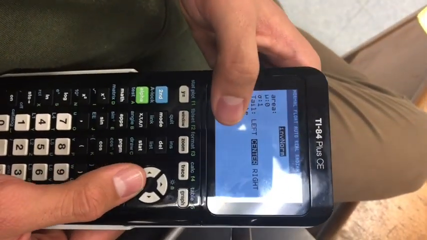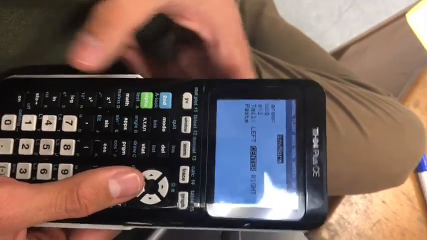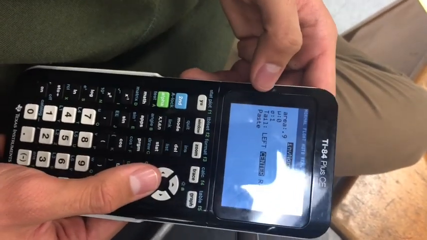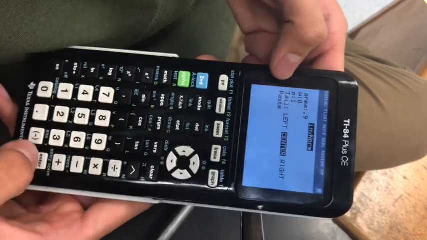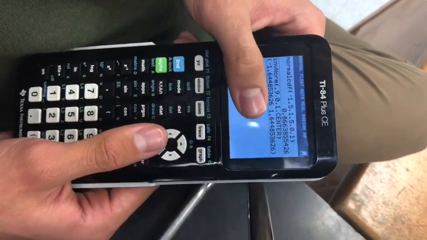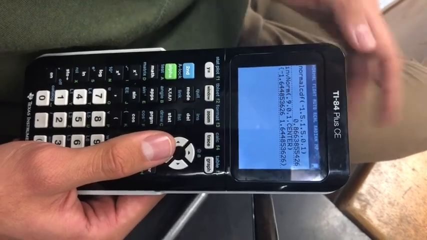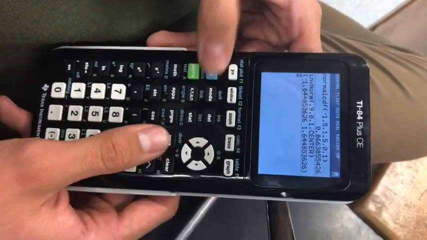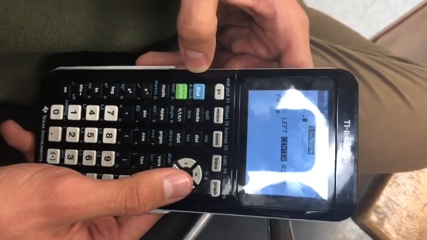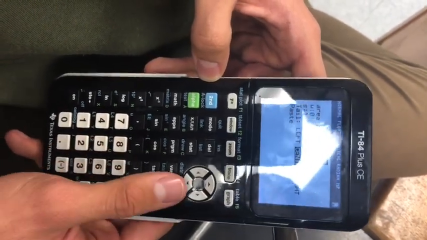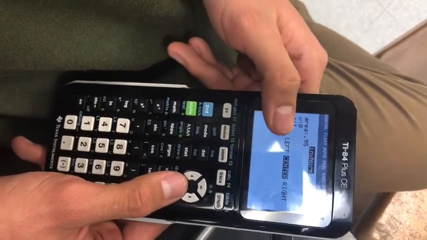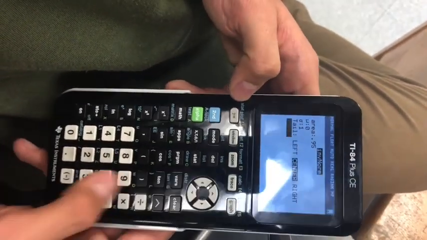I have it set to center right now, so if I put in an area of, let's say, 0.9 for a 90% confidence interval, it should give us the z-scores of the bounds we would use to get 90% of the area under the curve. Going back to inverse norm for a 95% confidence interval, I put in 0.95 for the area, with the tail set to center.